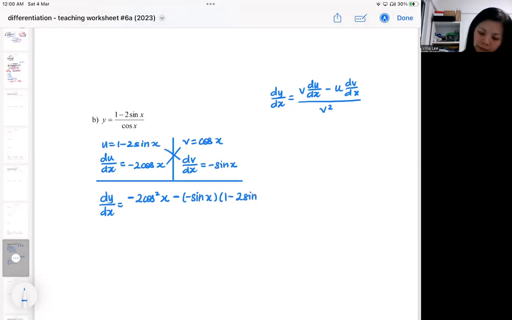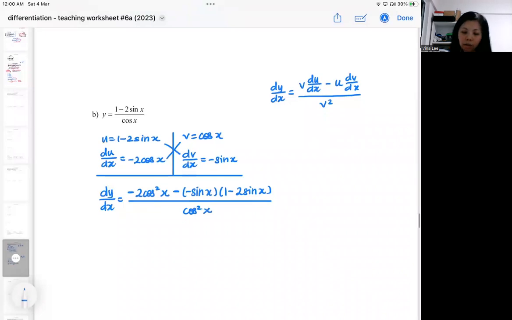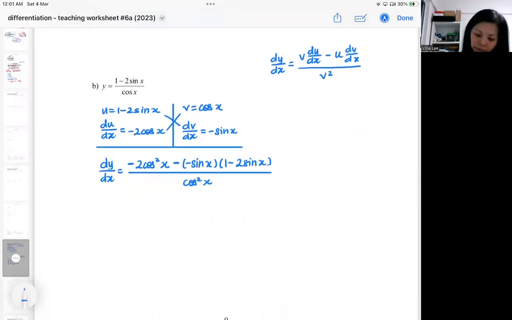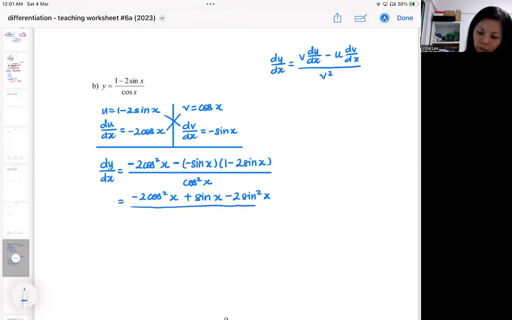Okay, divide by v square. So if you combine into the formula, you should see that there's a lot of simplification that you can do. So there's a lot to simplify in the numerator. So do expand out the bracket. And when you expand out the bracket, you realize that there's a sine square.